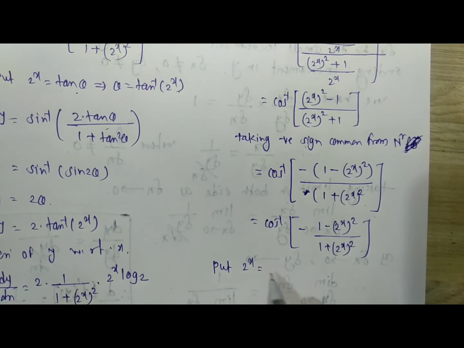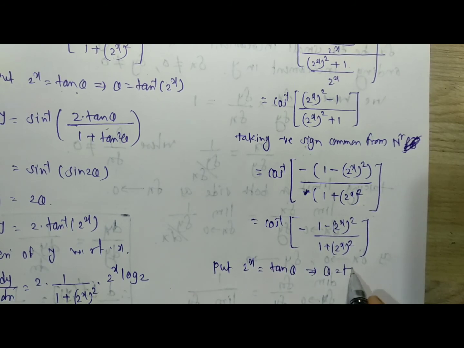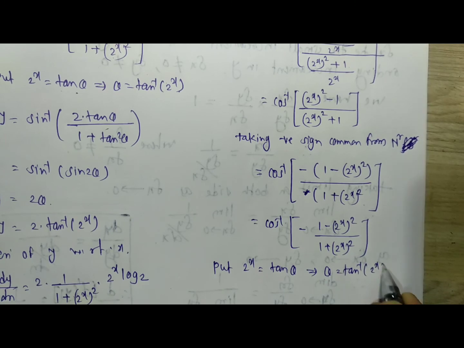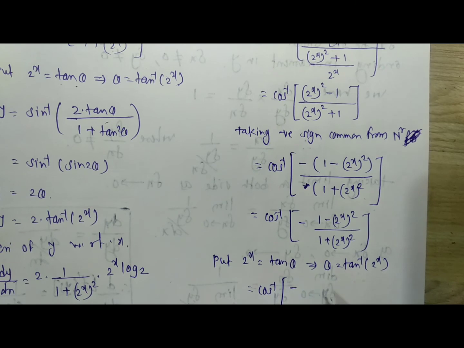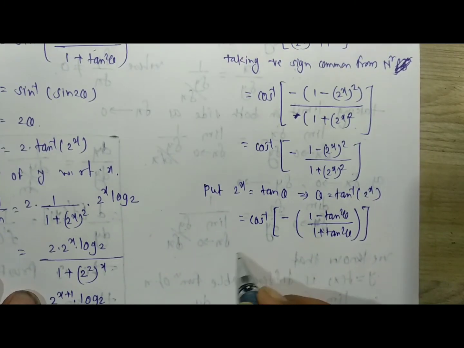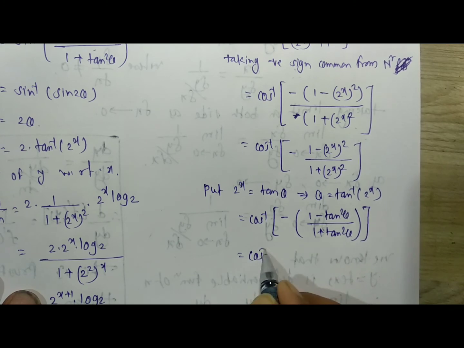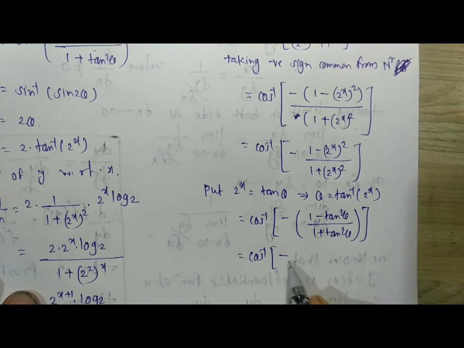By putting 2 raised to x is equal to tan theta, and theta is equal to tan inverse 2 raised to x, you will get the cos inverse inside the bracket minus, again you will get 1 minus tan square theta divided by 1 plus tan square theta is here, and from this you will get the cos inverse inside the bracket minus inside the bracket cos 2 theta.